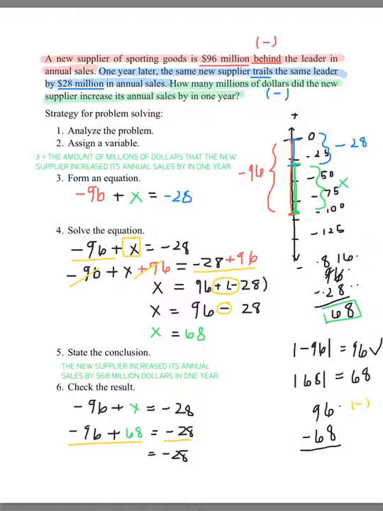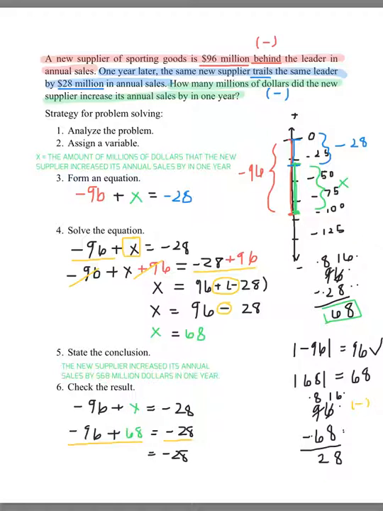We'll do 6 minus 8, but we can't do that since the 6 is less than 8. So we have to borrow from the 9 next door, which becomes an 8, and then our 6 becomes a 16. So now we're going to do 16 minus 8. That's going to leave us with 8. And then doing 8 minus 6, that's going to leave us with 2. So we're left with a 28.